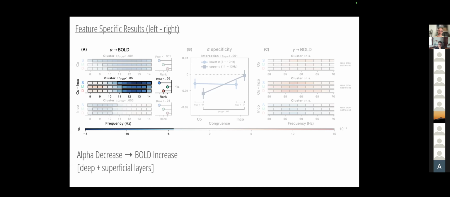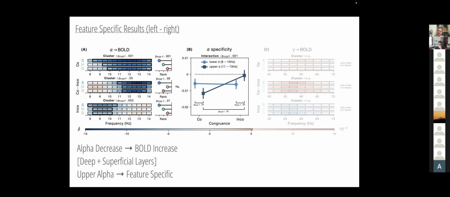What we also can already see just by naked eye is that there might be a difference in the alpha subbands. So incongruent selections tend to be more on the lower end of the alpha spectrum, while the contrast between congruent and incongruent tends to be biased towards the upper part of the alpha spectrum. And indeed, if we compute a mixed effect model on this, we see that there is a significant interaction, which seems to be mostly driven by upper alpha having a stronger effect for congruent and a weaker effect for incongruent voxel selections.